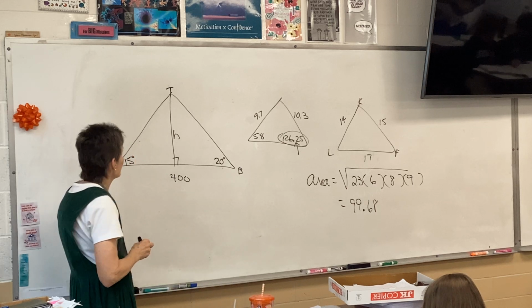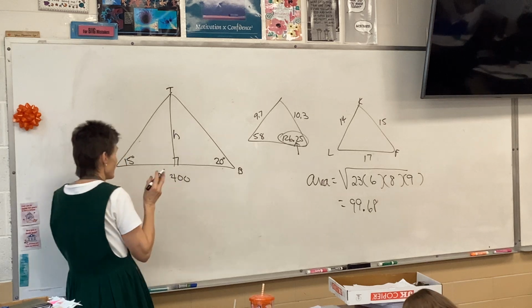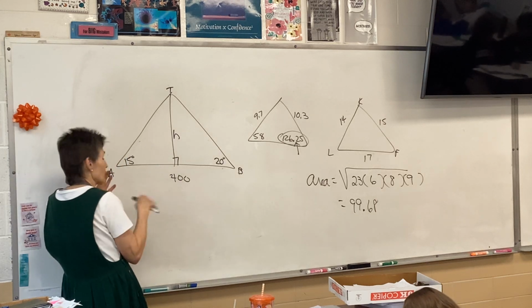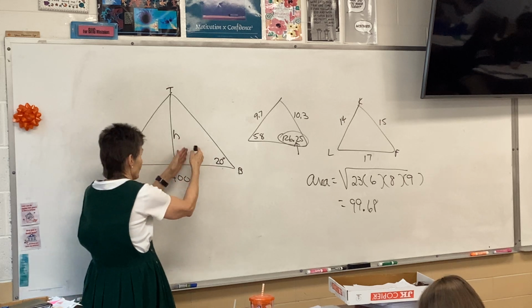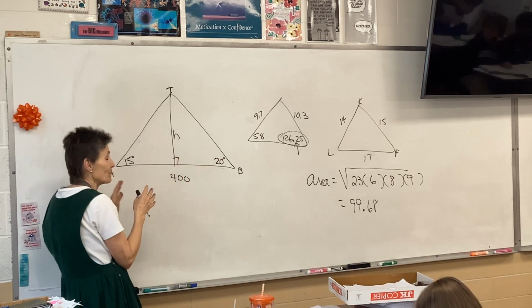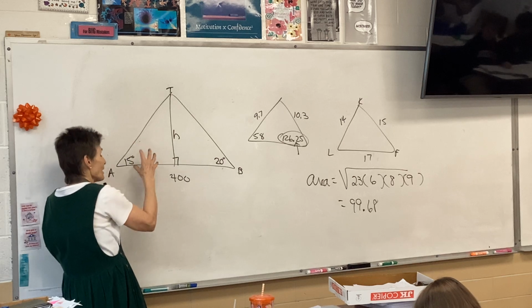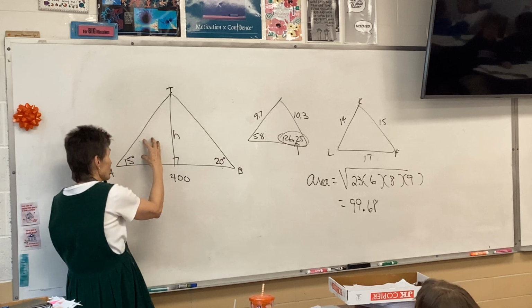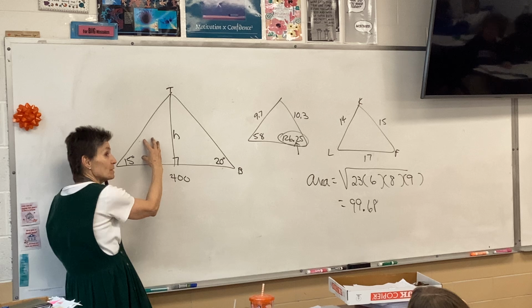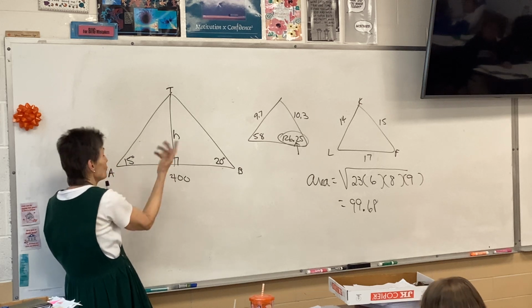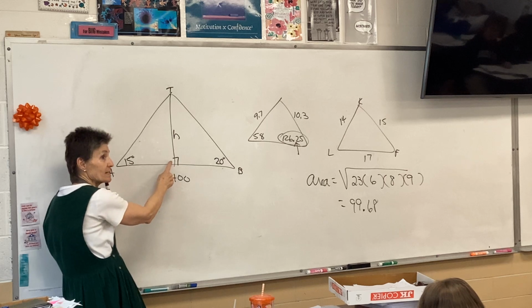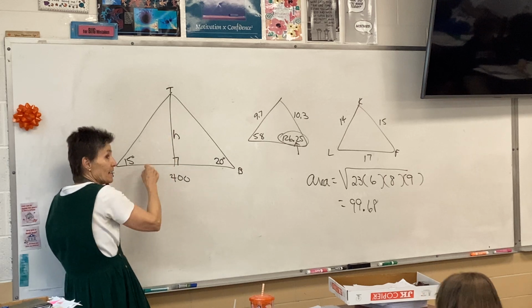Okay, so what I would suggest is, obviously we got triangles all over the place. We've got this little right triangle, this little right triangle, and then we have the whole triangle. Now, what do I actually know about this right triangle? Two things: this is 15, and I know that's 90. So I can find that angle.